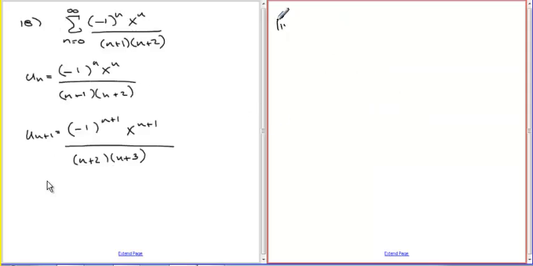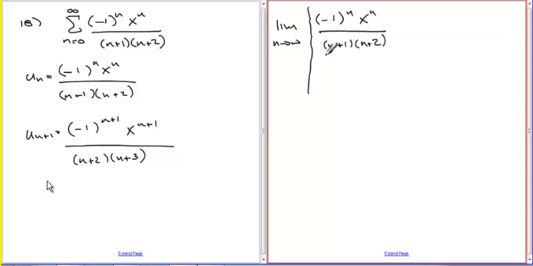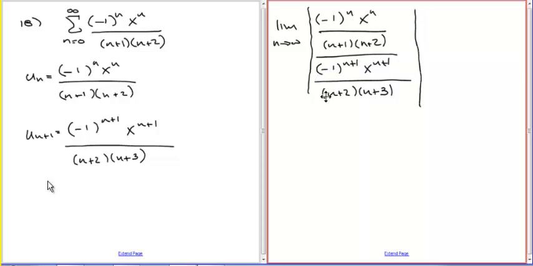So then we take the limit as n goes to infinity of the absolute value of the ratio of negative 1 to the n, x to the n, divided by n plus 1, n plus 2, divided by negative 1 to the n plus 1, x to the n plus 1, divided by n plus 2, n plus 3. And again, we don't have to worry about the negative signs.